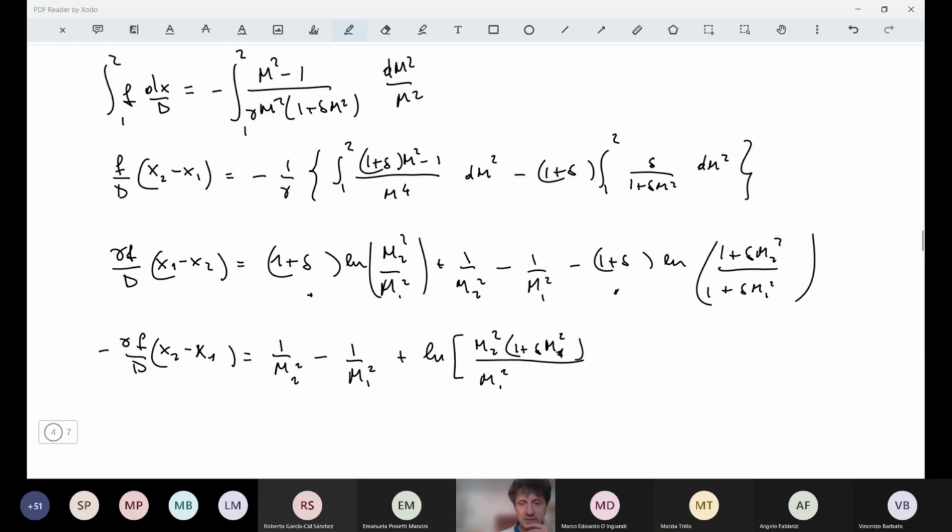This is 1, another is minus, so we have exchanged numerator and denominator 1 and 2, and this will be 1 plus delta. Let's put this inside so that it's clearer.